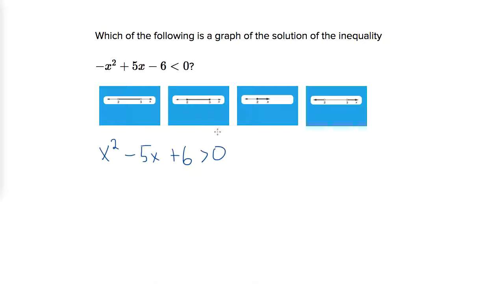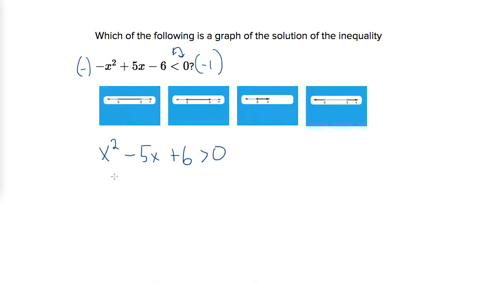That's a little easier to work with. And remember, when you multiply both sides by a negative, you switch the sign. So we switched this from a less than to a greater than.